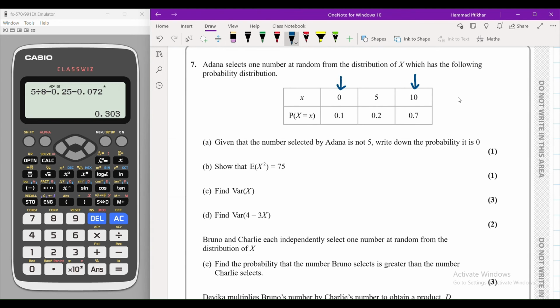So probability of X equal to 0 divided by probability of X equal to 0 or X equal to 10. So 0.1 divided by 0.1 plus 0.7.